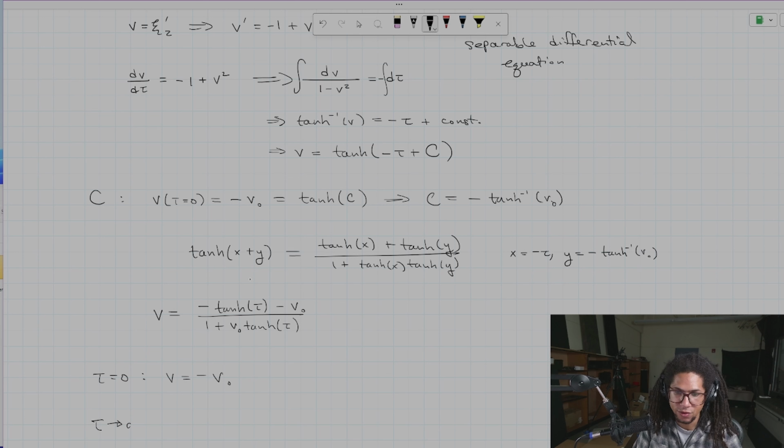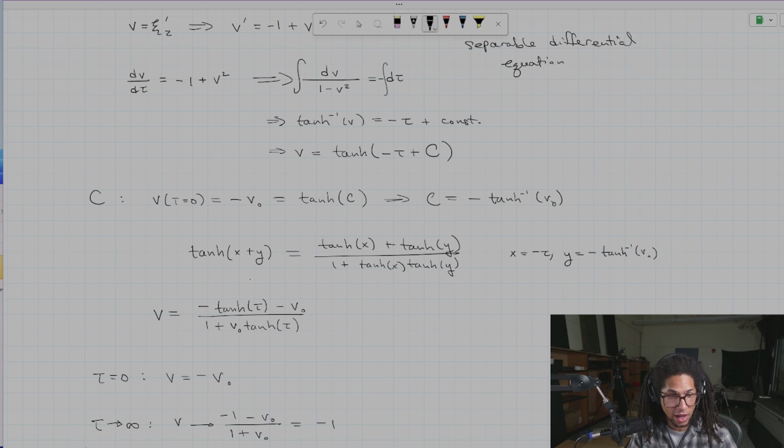As tau goes to infinity, on the other hand, recall that the hyperbolic tangent of tau is going to go to 1. That's a well-known property of the hyperbolic tangent. And so I'm going to get v goes to minus 1 minus v naught over 1 plus v naught. But that's just minus 1.